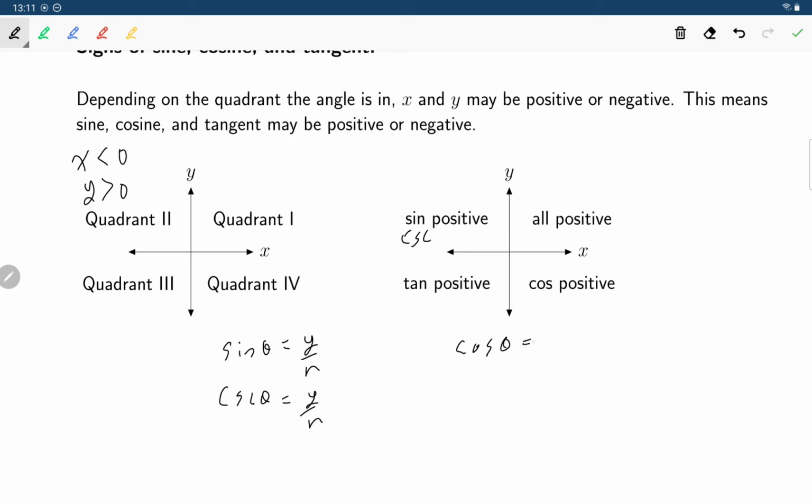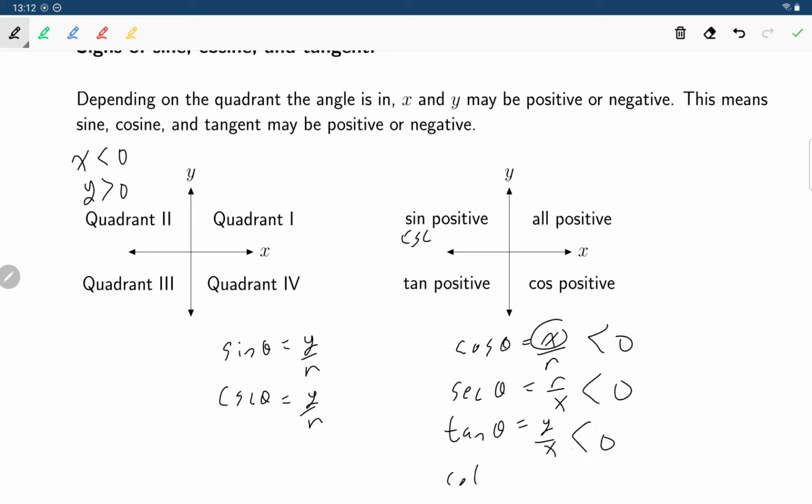Cosine of theta, x over r, would be a negative divided by a positive. That would be negative. Same thing with secant, since that's the reciprocal of cosine. If cosine's negative, so would secant be. Tangent would be y over x, a positive divided by a negative, which is negative.